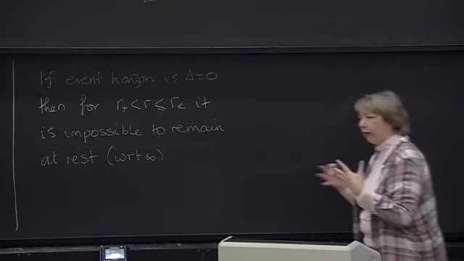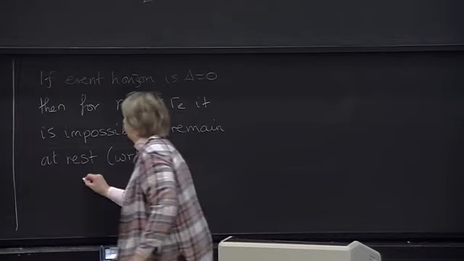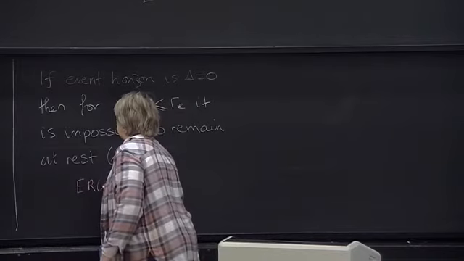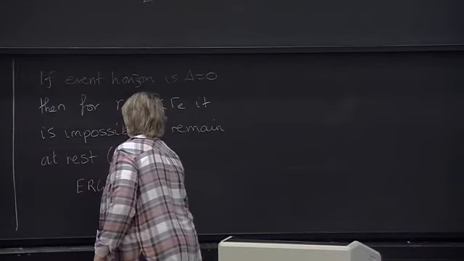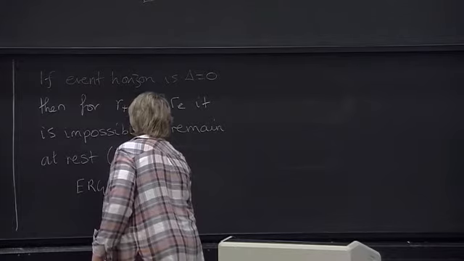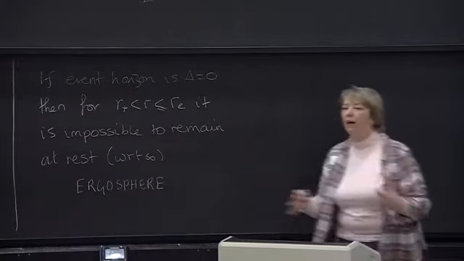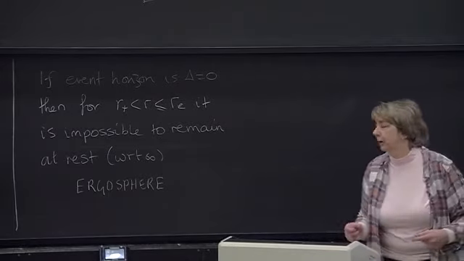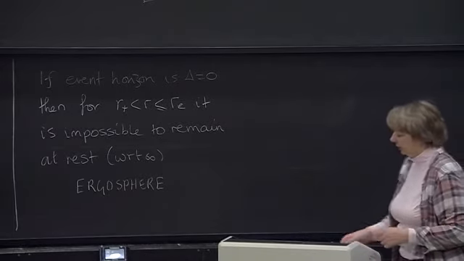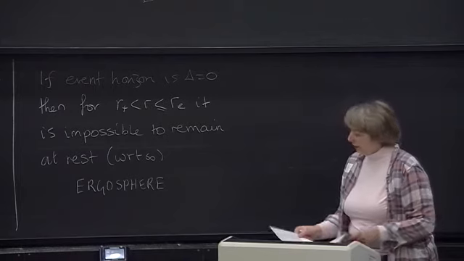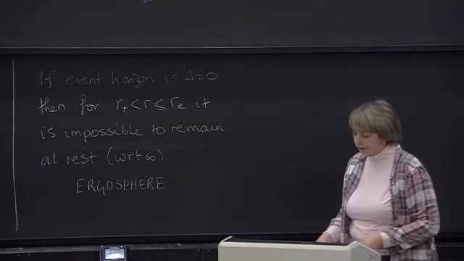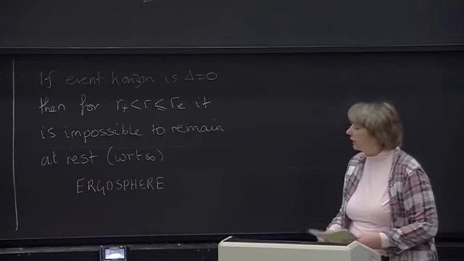So this now introduces something that is associated to a Kerr black hole, which is called the ergosphere. So the ergosphere is where you have to be moving with respect to infinity. So that's all true if delta equals 0 is the event horizon.